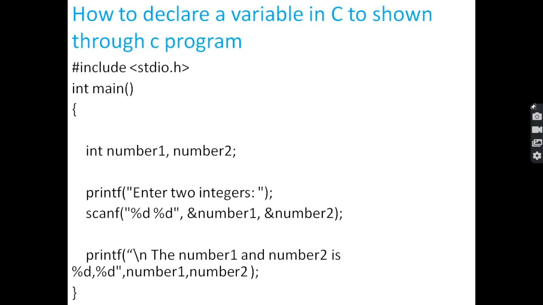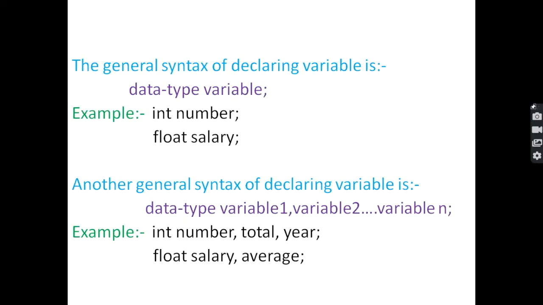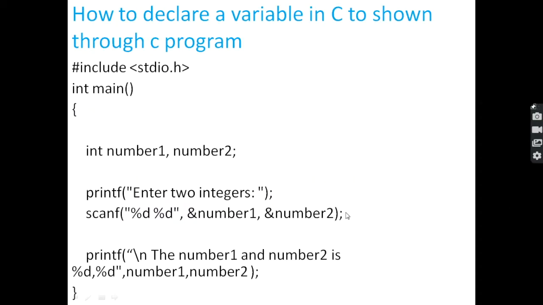We will declare the variables through a C program. #include <stdio.h>, int main, int number1, number2. Here int is a data type and number1, number2 are variables. This variable declaration is similar to the syntax: data type variable 1, variable 2, ... variable n.